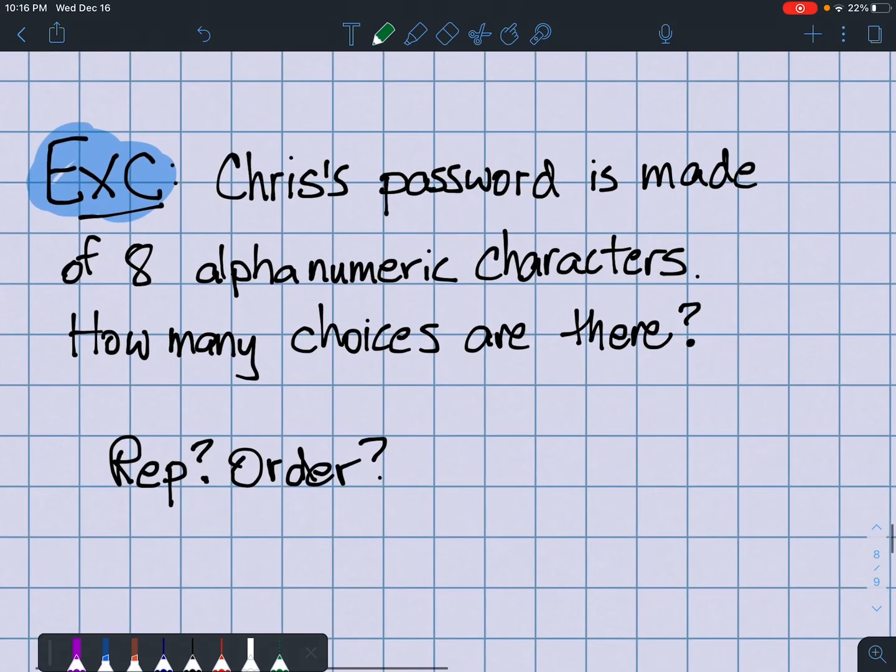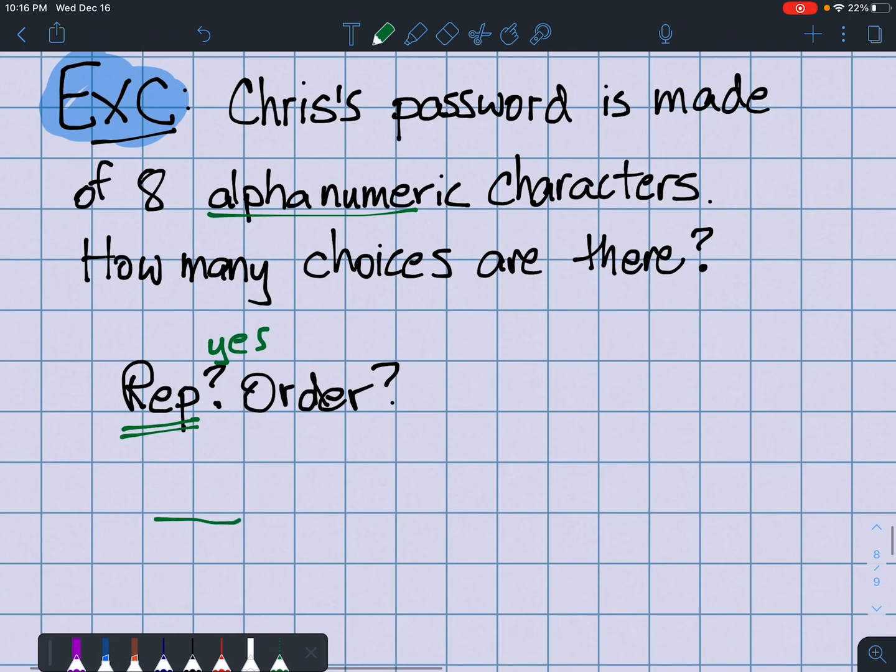Chris's password is made of 8 alphanumeric characters. How many choices are there? Again, can you repeat one of these 8 alphanumeric characters? Yeah. It wouldn't be a smart way to make a password, but you certainly could. So in this case, since we have a yes for that, then we're going to use the fundamental counting principle, which just says multiply 8 times however many choices you have.